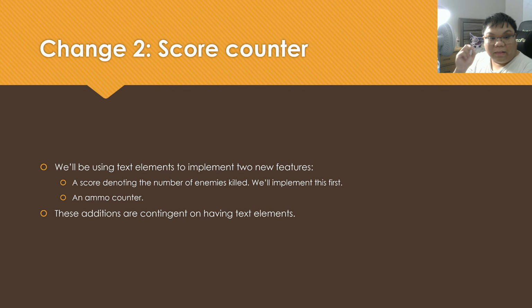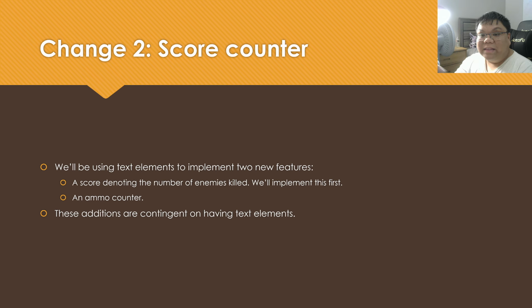But we want these UI elements to change based on, for example, how many enemies we've killed. So we're going to use UI elements to implement the next two features. The first one is a score denoting the number of enemies killed, and an ammo counter. The chapter that talks about adding a UI does this in a more elegant way.